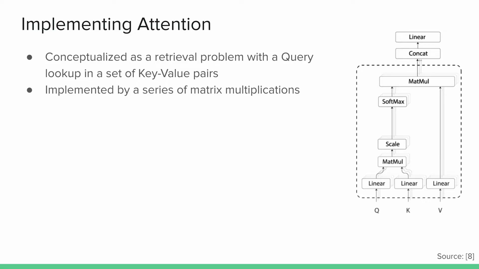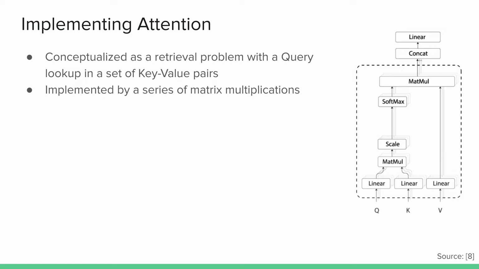Think about when you go on a search on the web for something, the word that you type in would be our query, and then we have key-value pairs. So the key identifies the thing that we're looking for, and the value is the underlying number that we're really interested in. And for our attention mechanism, we can implement this kind of concept by a series of matrix multiplications. So coming back to this Q, K, and V, the query, the key, and the value, you can think of it as the following.